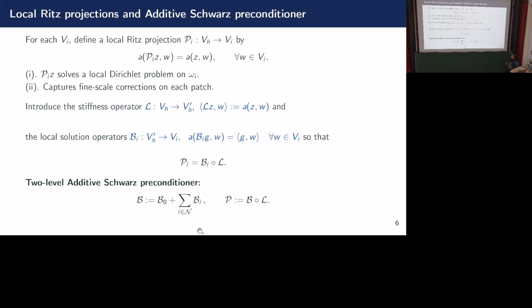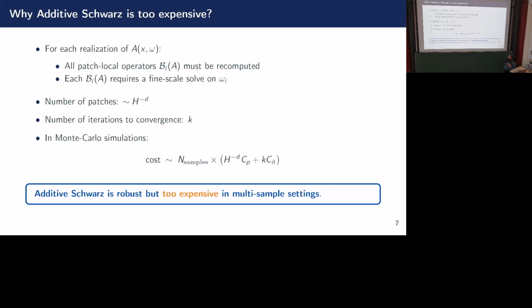Now, if we solve our problem using this two-level additive Schwarz, as I said, it is robust. But if we need to solve this problem for many samples, for example n samples, then the total minimum cost would be n times the number of patches per sample times the cost per patch, plus the number of iterations to convergence times the cost per iteration.